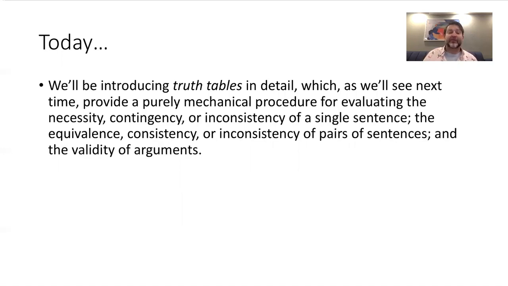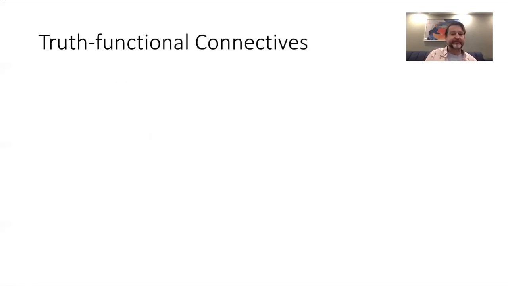Some of those logical properties we looked at earlier, such as necessity, contingency, or inconsistency for a single sentence, equivalency, consistency, or inconsistency for a pair of sentences, and then ultimately the validity of arguments. So we'll be learning about truth tables and seeing, later this week, how these methods allow us to investigate the logical properties of different sentences or sets of sentences.